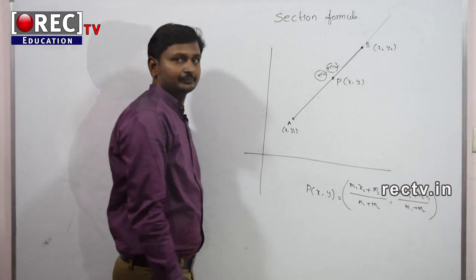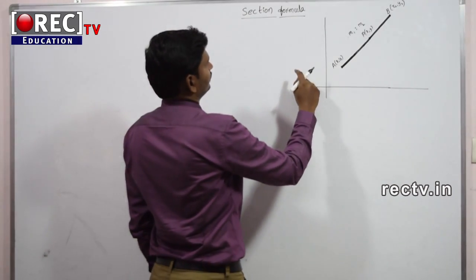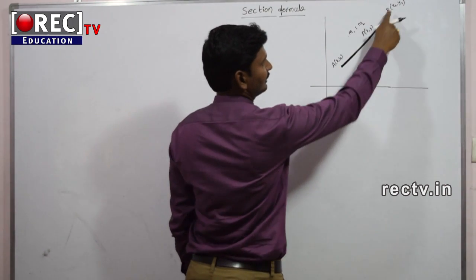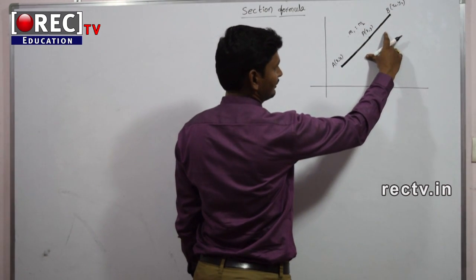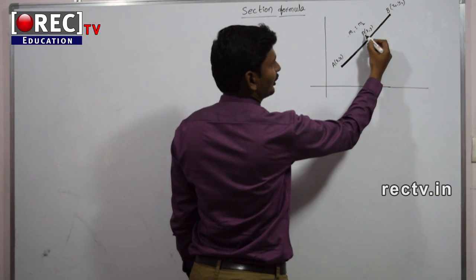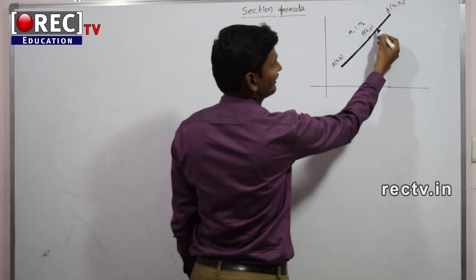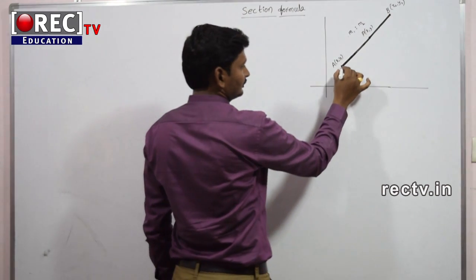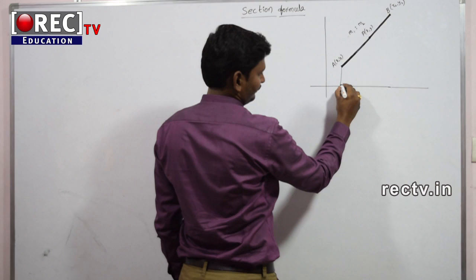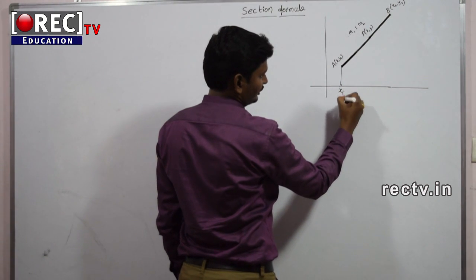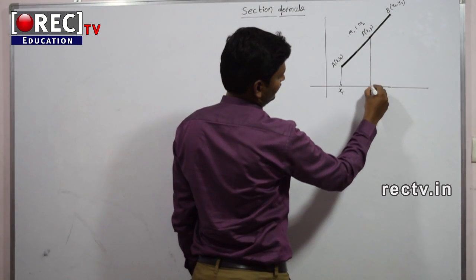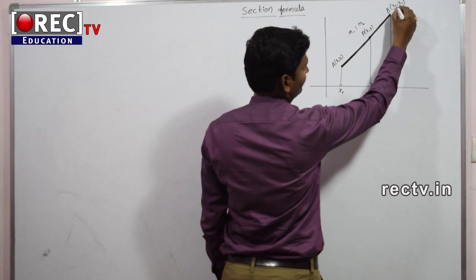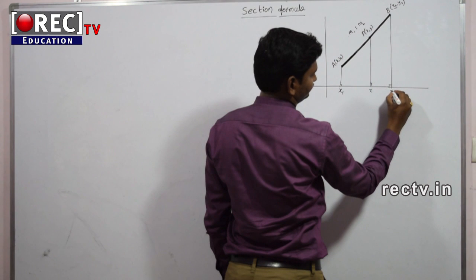Now the proof of the section formula. So here the 2 points A (x1, y1) and B (x2, y2), the line segment AB is divided by the point P (x, y) in the ratio m1 is to m2. If I draw these perpendiculars, this value is equal to x1, here that is equal to x, and this x coordinate value is equal to x2.